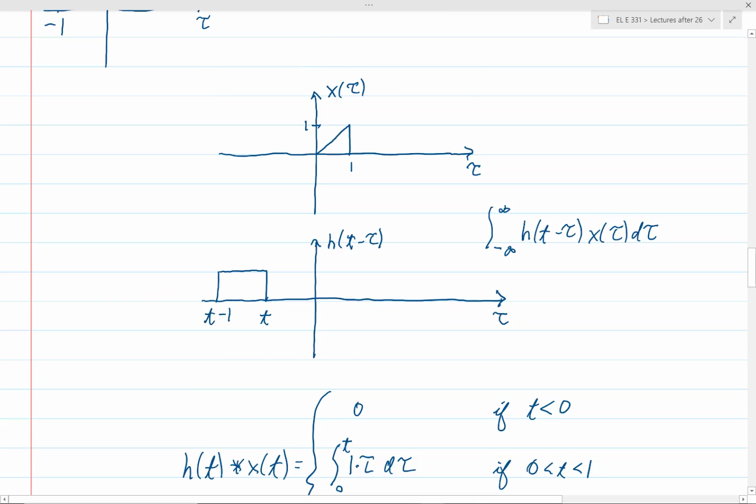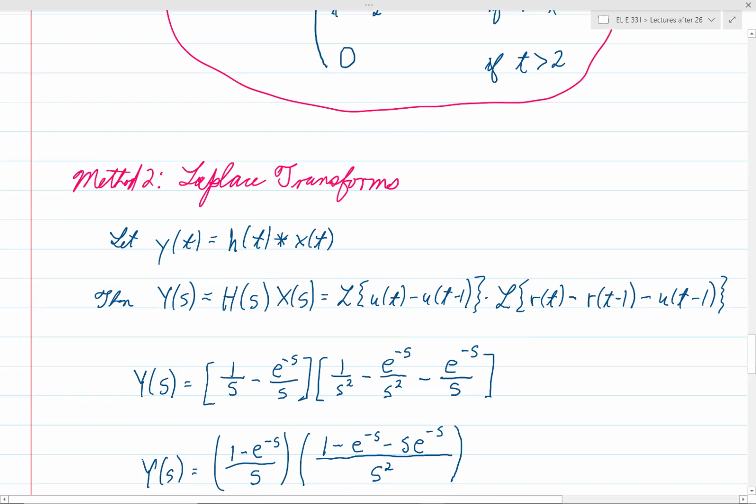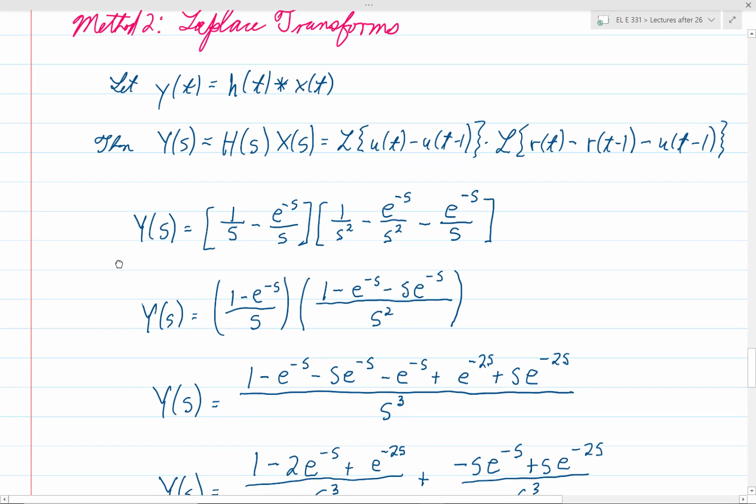So we'll come back down here and substitute those formulas for h of t and x of t. U of t minus u of t minus 1, that's h of t. R of t minus r of t minus 1 minus u of t minus 1 is x of t. And now we take the Laplace transforms of both of those. And these are in your tables, and what we get is these expressions right here.